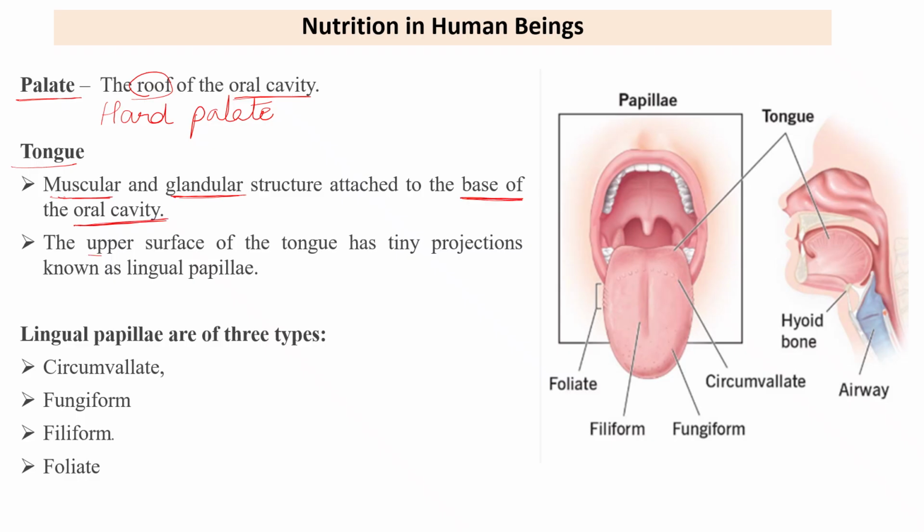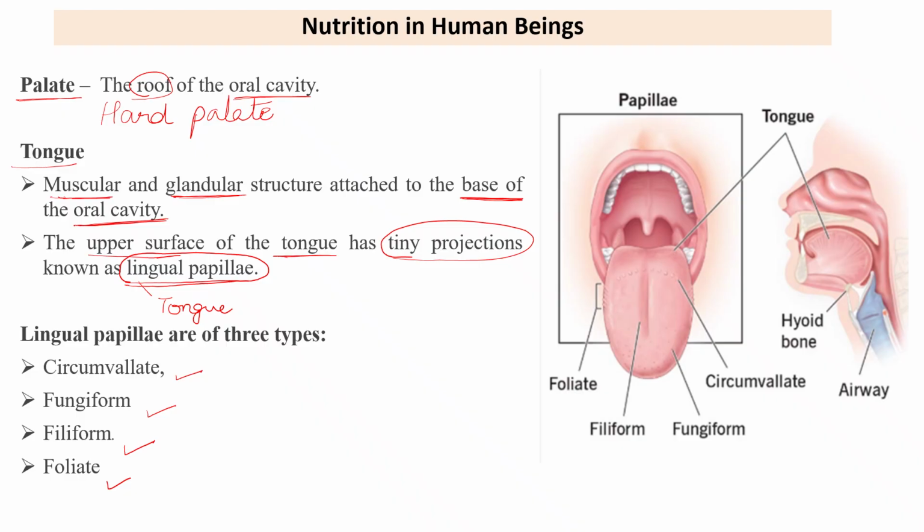The upper surface of the tongue has tiny projections which are known as lingual papillae. Lingual means tongue. Lingual papillae are of the following types: circumvallate, fungiform, filiform, and foliate.